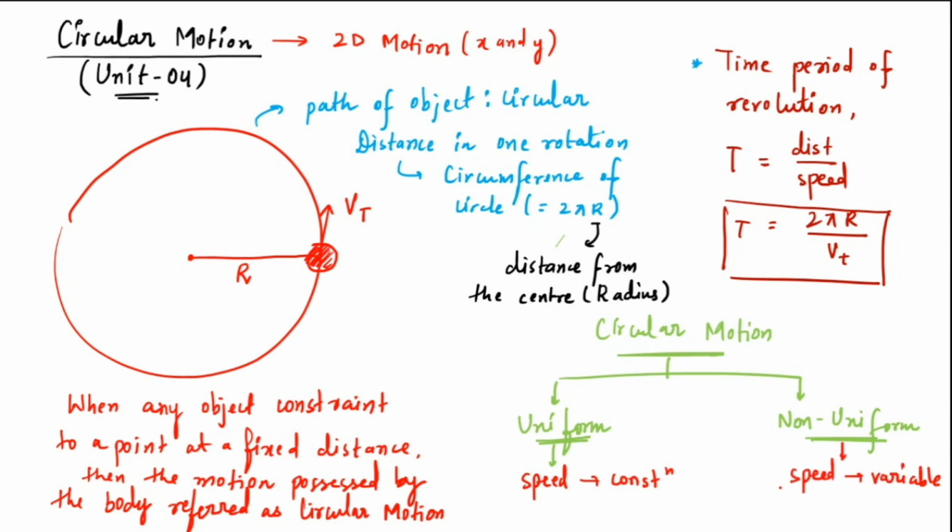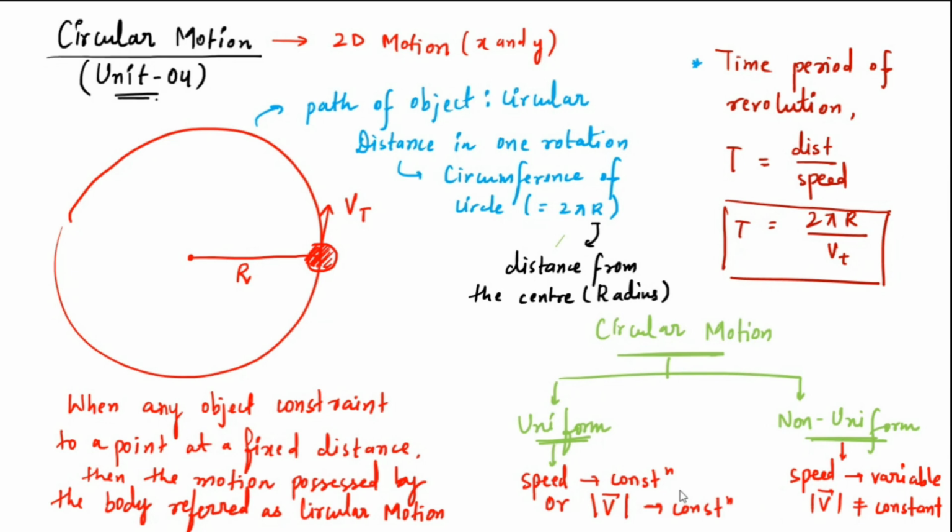But in both the cases, we just try to understand this fact. Speed is something which can also be referred to as the magnitude of velocity, and in uniform circular motion the magnitude of velocity is going to be constant. Whereas in non-uniform circular motion, the magnitude of velocity is also changing, so it is not going to be constant. So here, what you can understand from this particular part is that the speed of the particle can be increasing at a uniform or non-uniform rate.